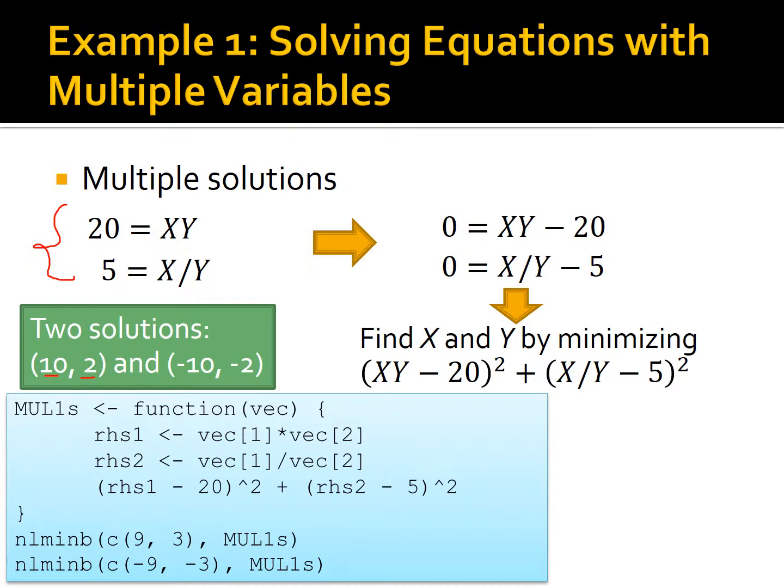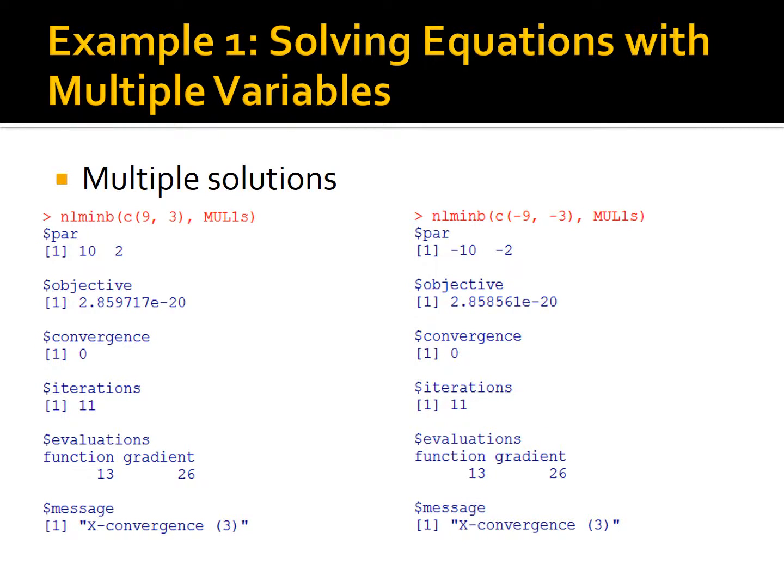We can write out the equation, and let's say I start the first minimizing function at 9 and 3, and the second at negative 9 and negative 3. If I start with 9 and 3, I get the result of 10 and 2, and the objective is very satisfied, close to 0.